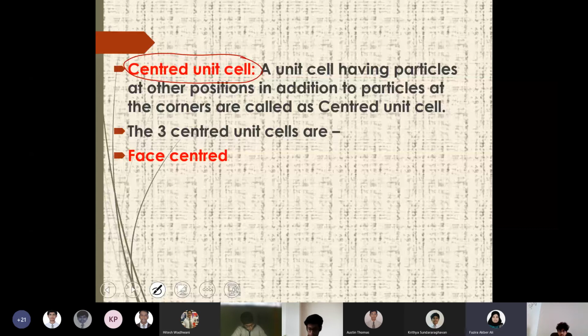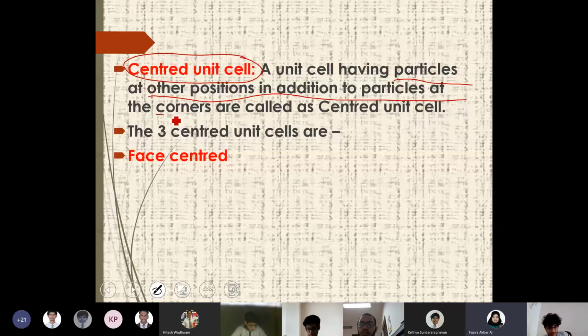If there are some more particles at other positions of the same unit cell, then it comes under the centered unit cell.